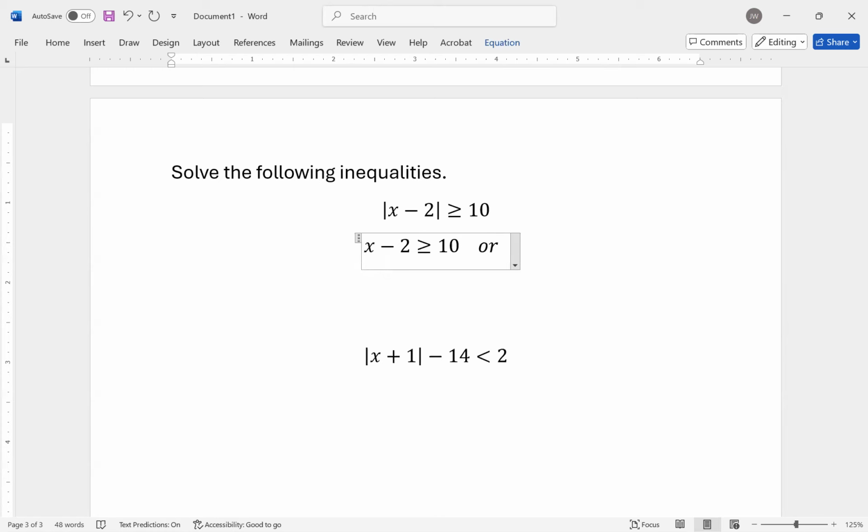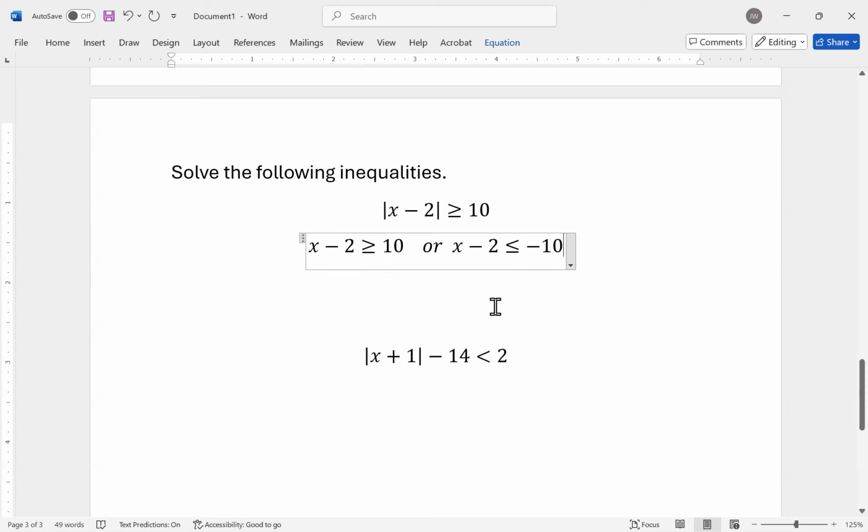Or on the other side, when we do x minus 2 and compare it to negative 10, we actually have to flip the sign because that is like multiplying by a negative on both sides.